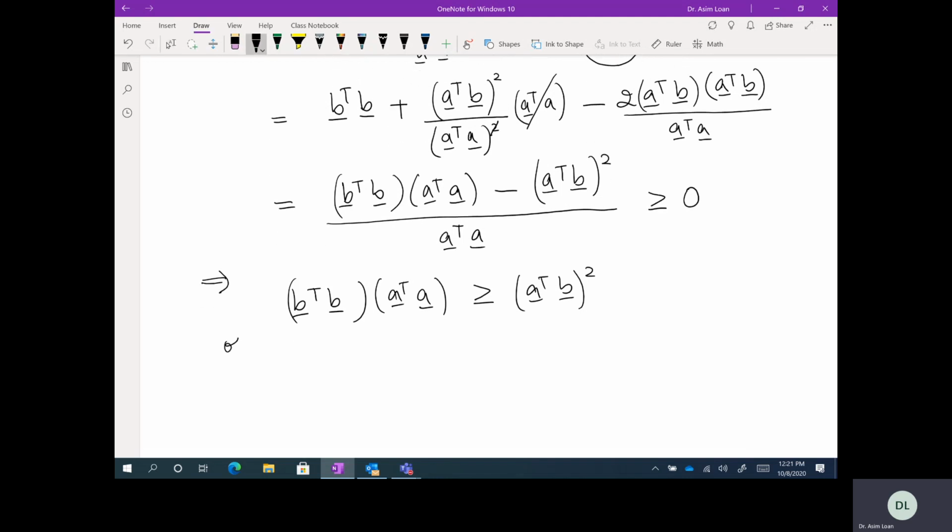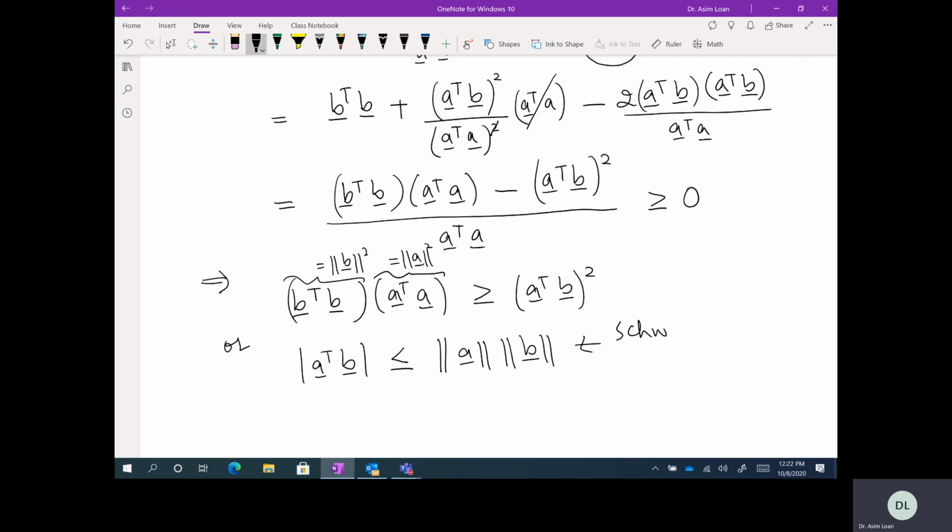If I take the square root of both sides, taking the positive square root, A transpose B is less than or equal to, this is norm squared and this is also norm squared, so this is actually the norm of A times the norm of B. This, by the way, is called the Cauchy-Schwarz inequality.